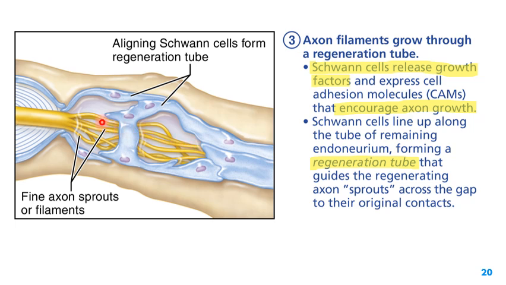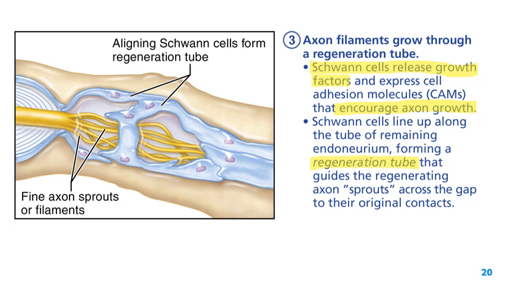The Schwann cells are going to go around to insulate that axon again, and you're going to get this axon regenerated. It takes a long time for that to happen. It takes, I don't know, about a year or maybe longer.